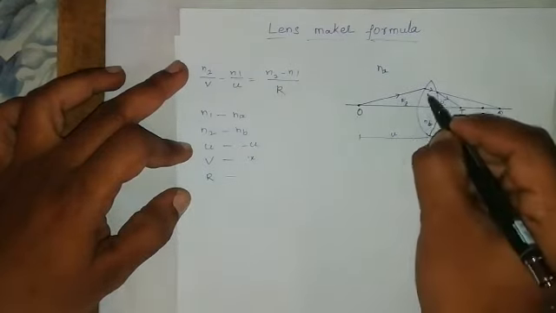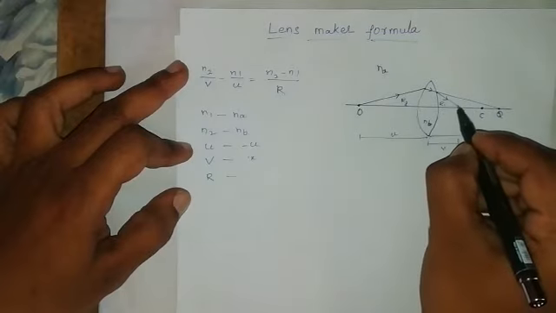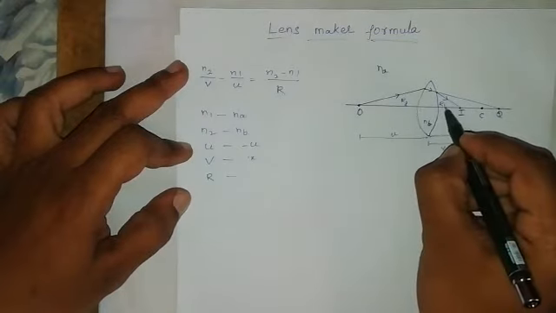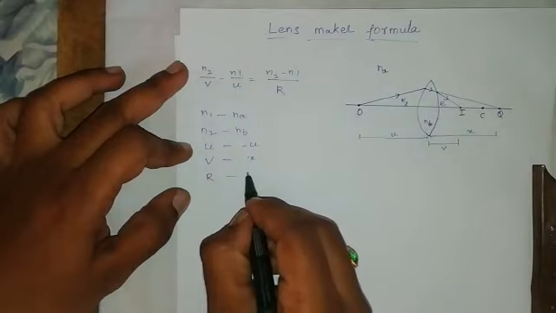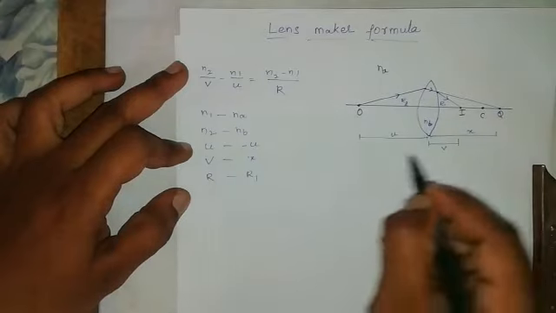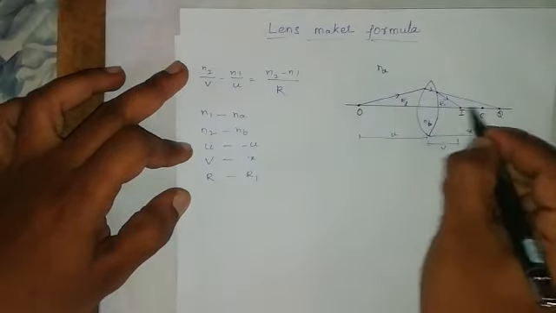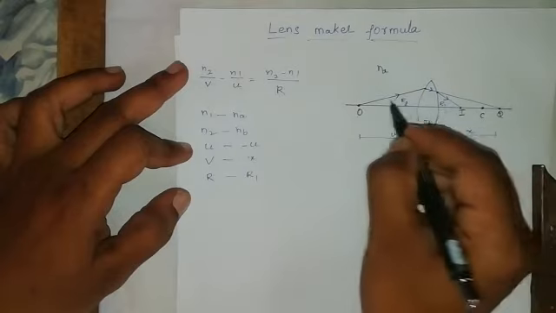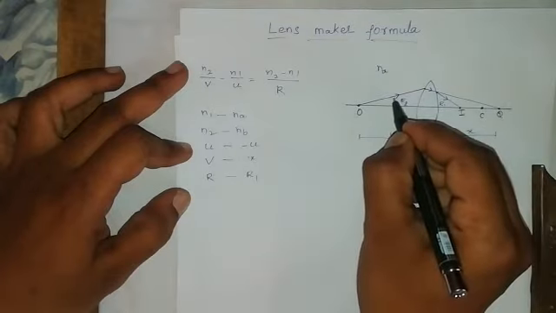Next, the radius of curvature. For the first curved surface, this side we have a radius of curvature R1. So R is nothing but R1, and here it is positive because it is towards the other side, in the direction of the incident ray.